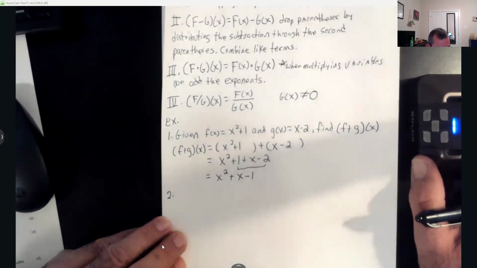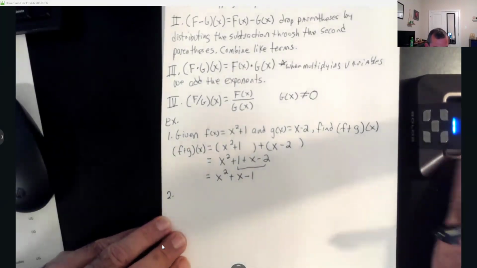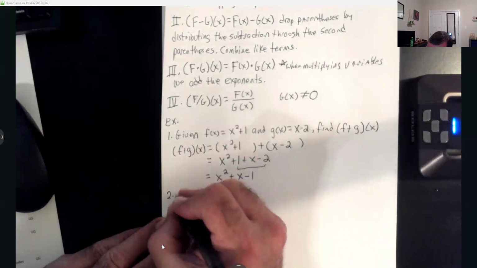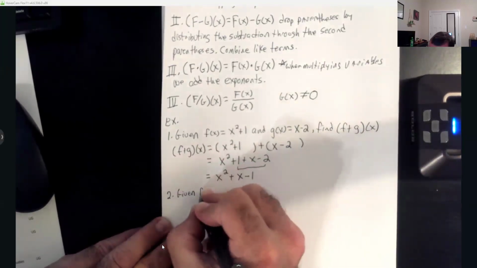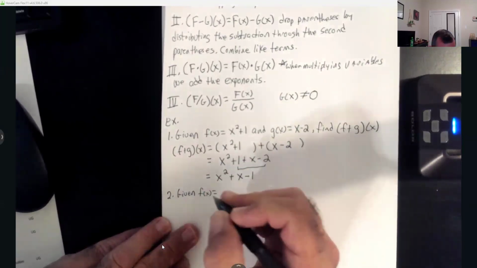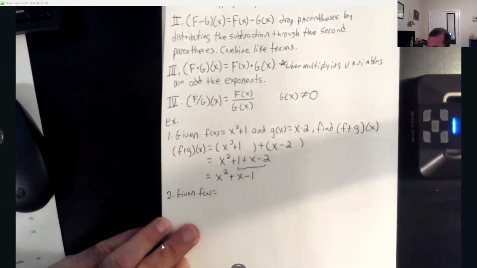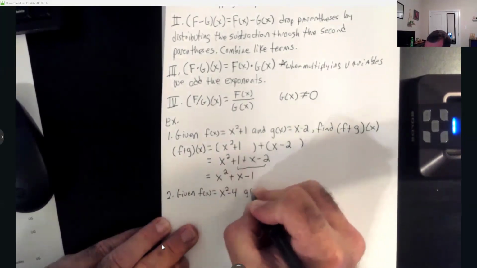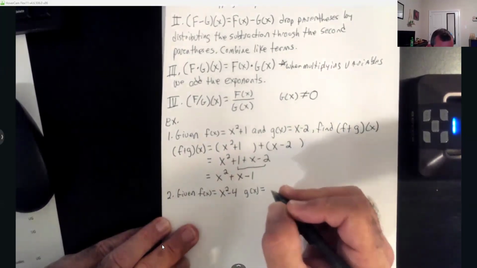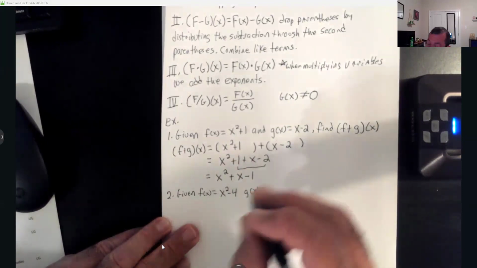So let me see number 2. All right, y'all, this one we're given f of x equals x squared minus 4, g of x equals x minus 2.